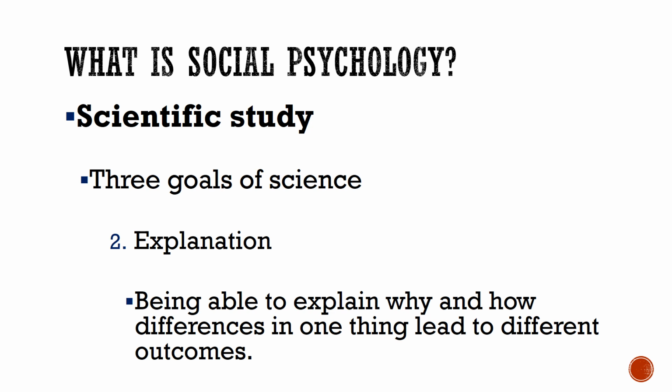Describing this adequately and accurately shows that there is quite a bit of variation in these attitudes. Some people have a positive attitude toward homosexuality, some have a negative attitude, and some don't seem to care one way or the other. As a social psychologist, I might be interested in explaining one, why these variations exist, and two, how these variations come about.